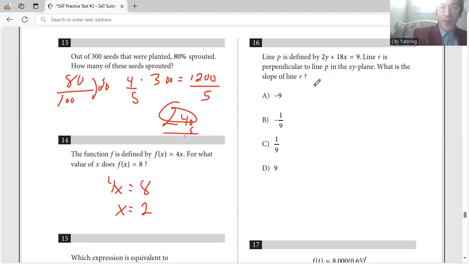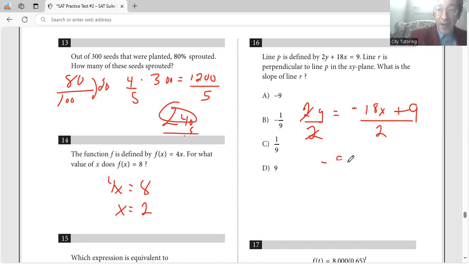If I rearrange the equation of line P, I would have 2y equals 9 minus 18x, or negative 18x plus 9. It's easier on the eyes that way. And then if I want to isolate y, I'm going to divide by 2 on both sides. So negative 18 divided by 2 is negative 9x.